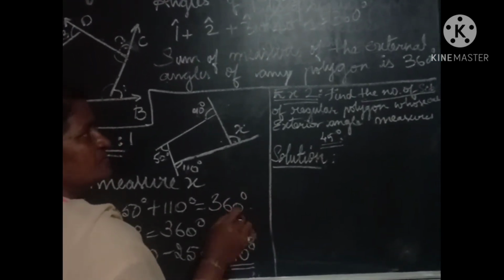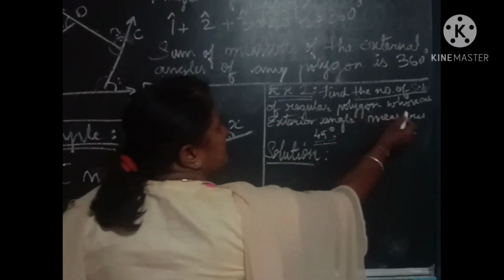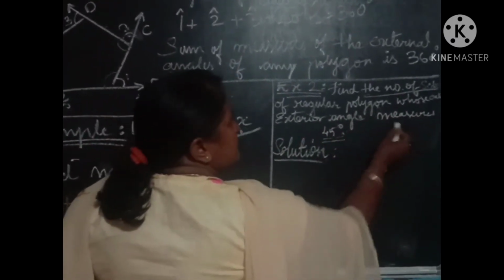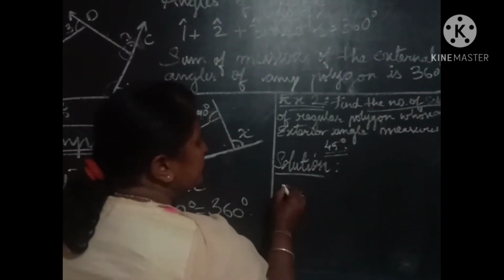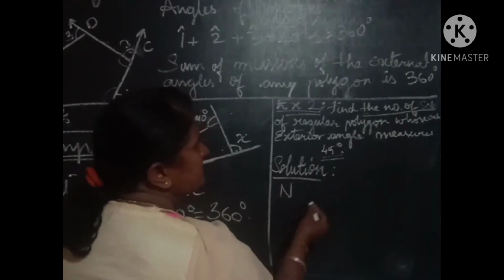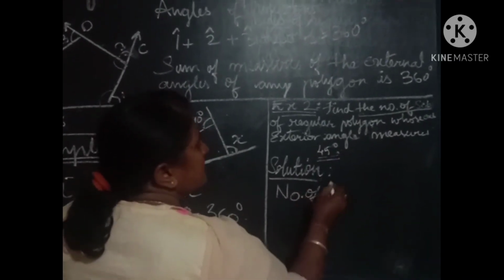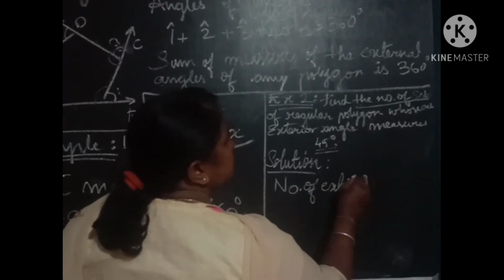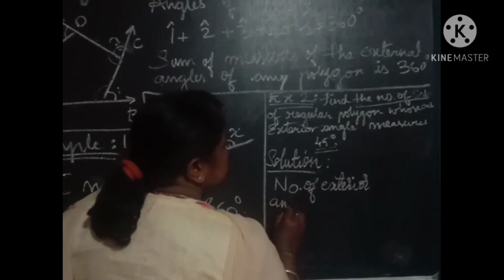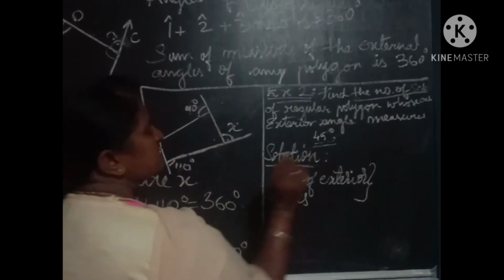The number of sides of a regular polygon whose each exterior angle measures 45 degrees. Now, just now I told you the number of sides is nothing but the number of exterior angles, correct? That we have to find out. This is nothing but the number of sides.